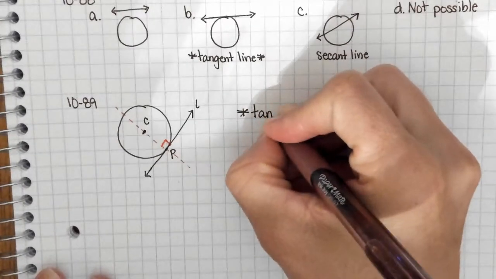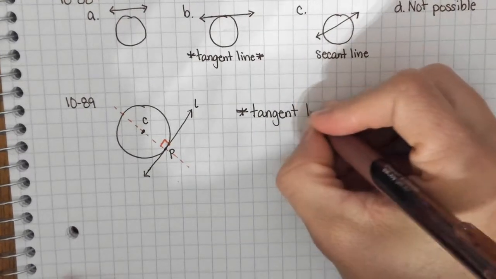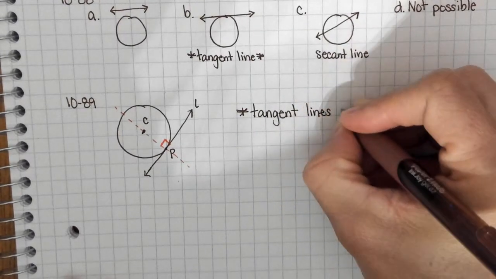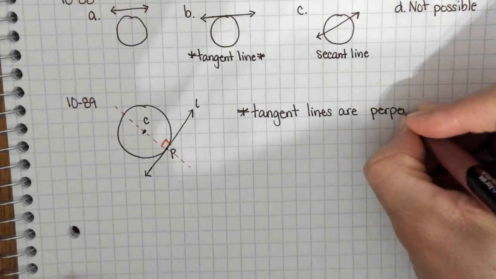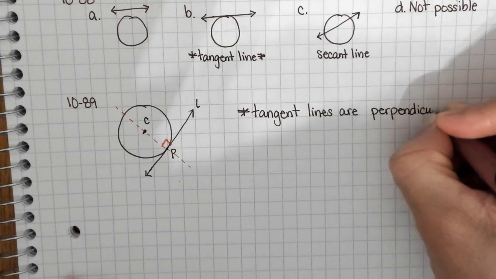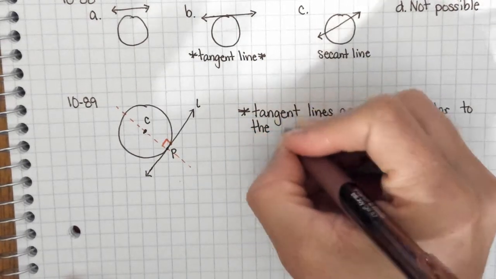So one important thing to learn about tangent lines is tangent lines are perpendicular to the radius or diameter.